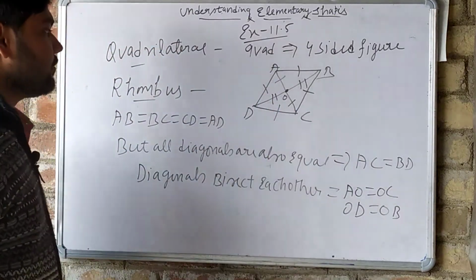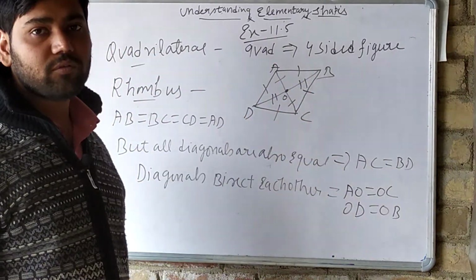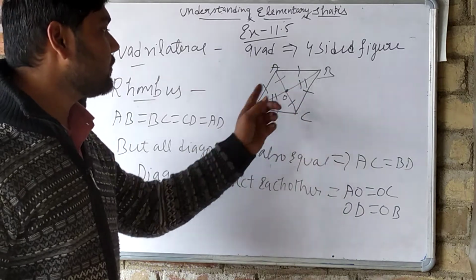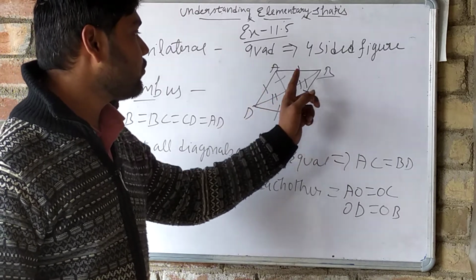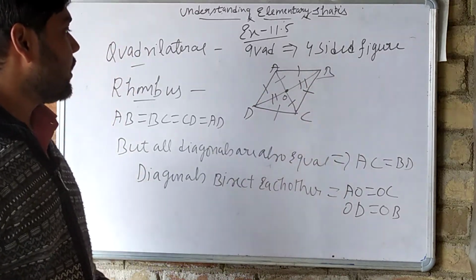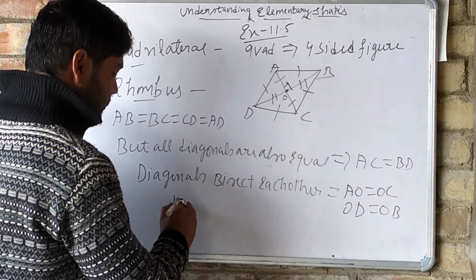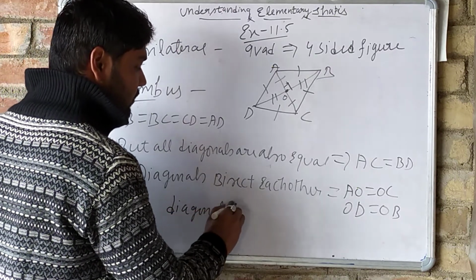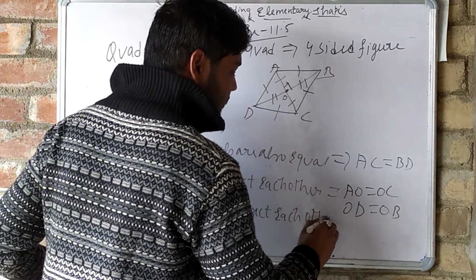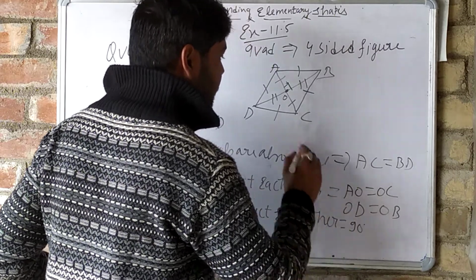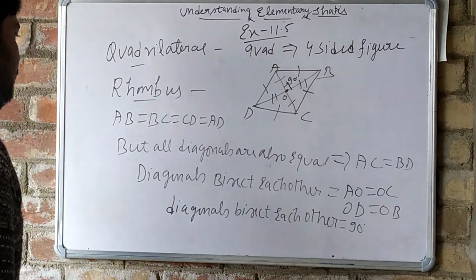So these are the properties of the diagonals in rhombus: all four sides are of equal length, and the diagonals bisect each other. Also, the diagonals bisect each other at 90 degrees. So these are the properties of rhombus.